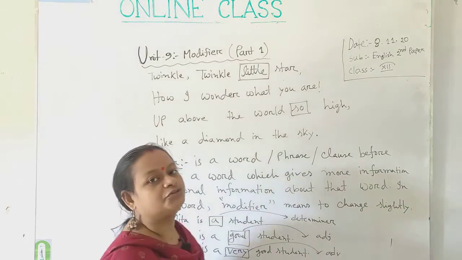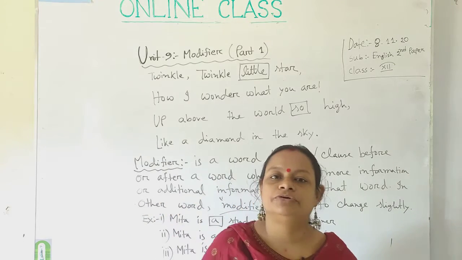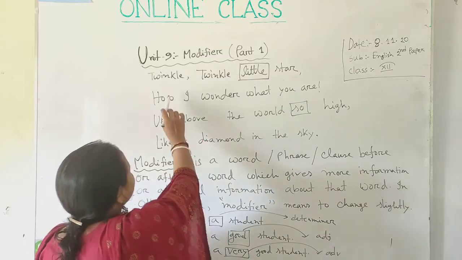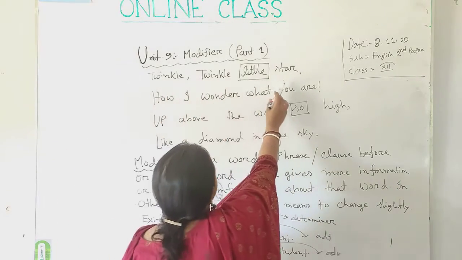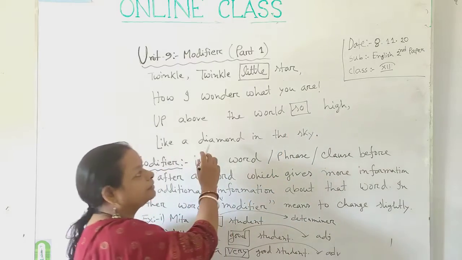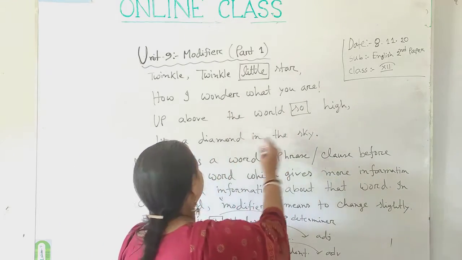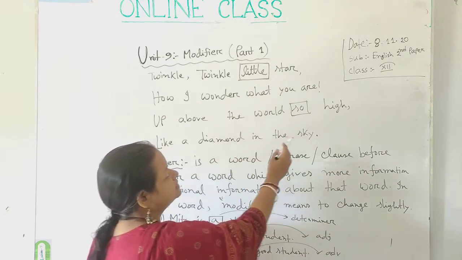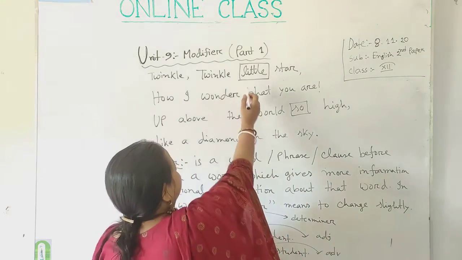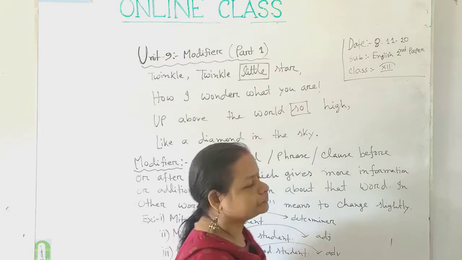We can start with a rhyme. All of you read the rhyme in your childhood. Twinkle, twinkle, little star, how I wonder what you are. Up above the world so high, like a diamond in the sky. You see that I have marked two words, little and so.